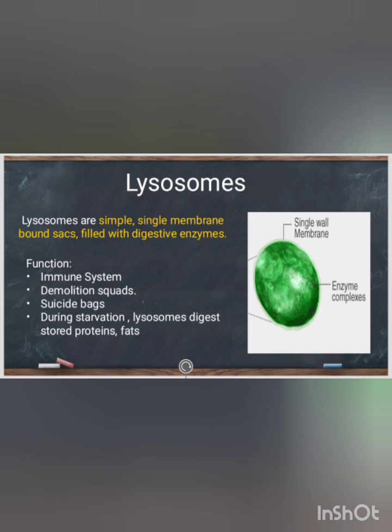The third function of lysosome is suicide bag. When a cell becomes old or is damaged, lysosome burst and enzymes digest their own cells. The fourth and the last function of lysosomes is during starvation, lysosomes digest stored proteins and fats.